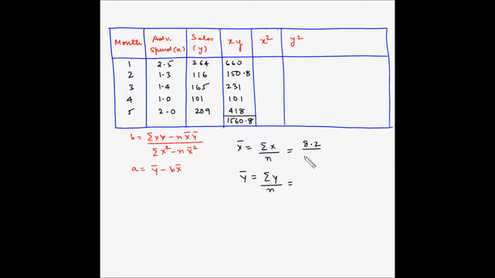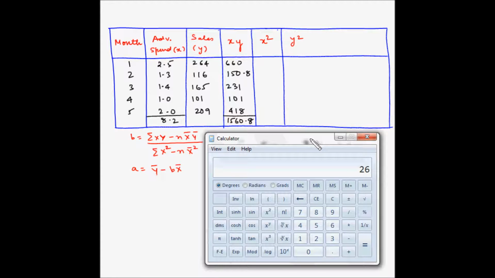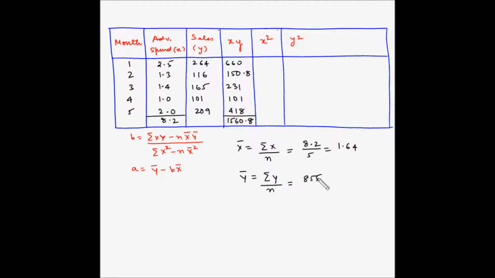So this is 8.2 divided by n, which is 5, and this is equal to 1.64. Now let's do the same for y values. 264 plus 116 plus 165 plus 101 plus 209 is 855. So this is 855 divided by 5, and this is equal to 171.